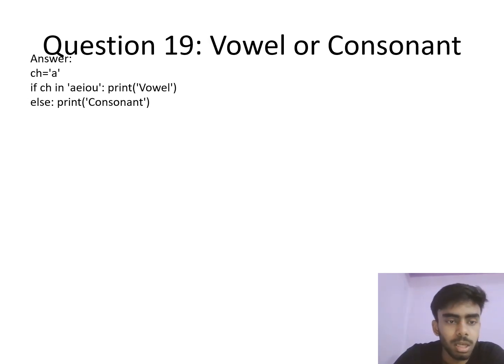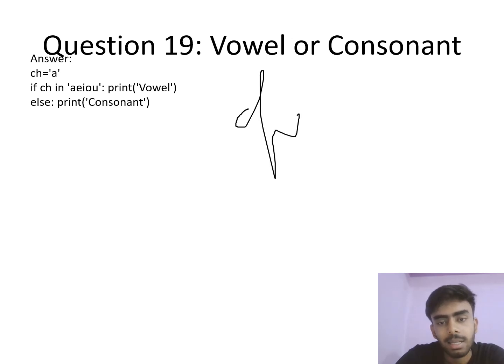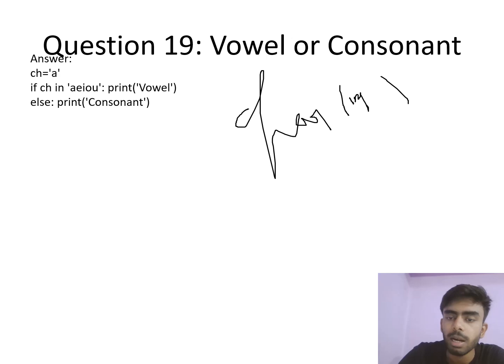See, if you are taking a character as input, you can also write char, then a bracket, and inside that bracket you can write your input part. So for your character, you can use the char word.